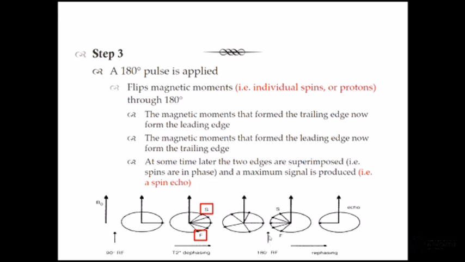And here they are fanned out. Once we send in our 180-degree pulse, they flip over to the other side. And if we wait a certain amount of time, they will come back into phase coherence. When they're in that phase coherence, they've made a spin echo, and that's when we collect our data. So we have a maximum of signal.